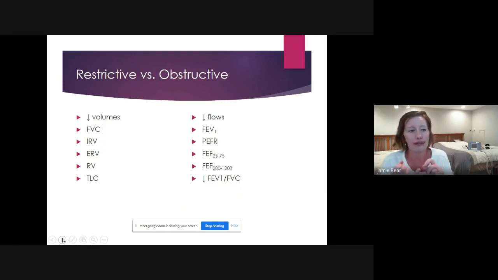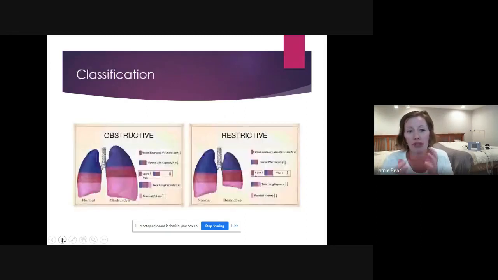So your IRV, ERV, residual volume, total lung capacity, and I meant to say your FRC are all lower. Whereas in an obstructive component, your flows are decreased. So your FEV1, your peak flow, your FEF 25 to 75 and 200 to 1200, and then your ratio. That's a big deal, really looking at that ratio to tell you specifically.